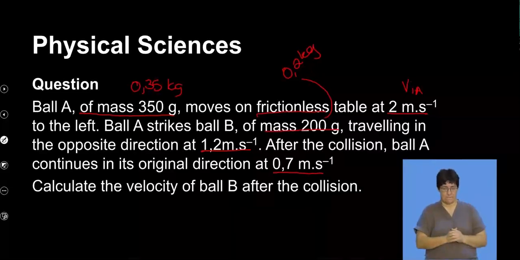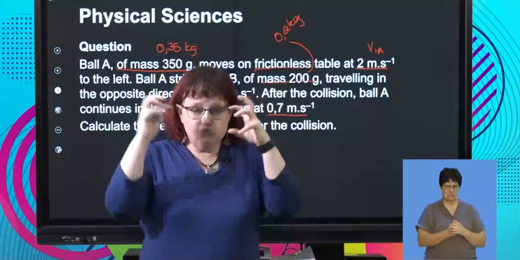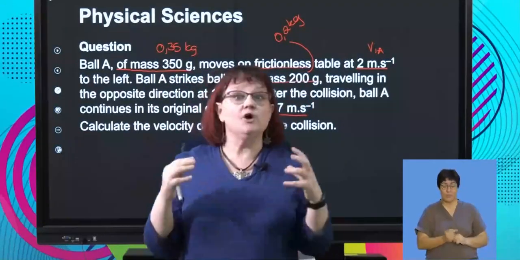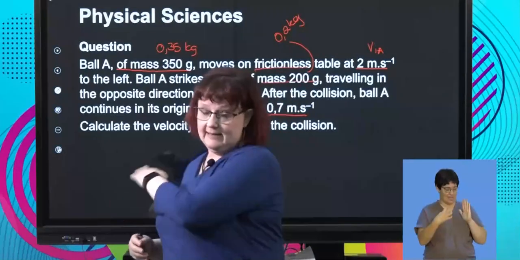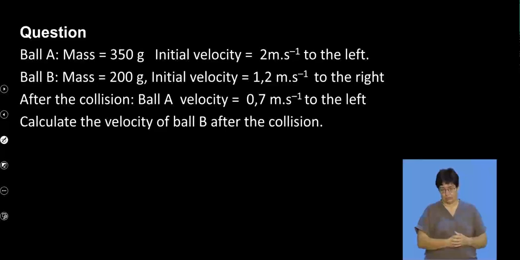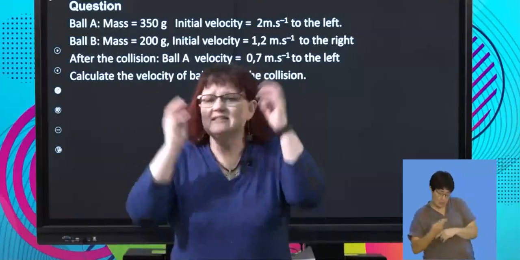Now we go, wow, lots of information. How do we process this? The best way, if they don't give you a diagram like here, is to draw a diagram, okay? And by a diagram, I don't mean it has to be a work of art. Don't spend 3 hours on it. It's just a sketch.